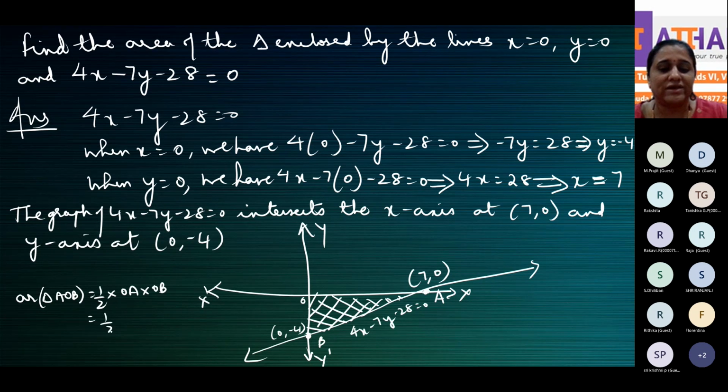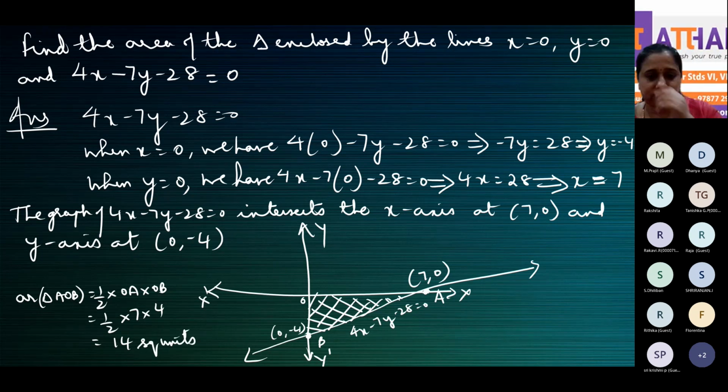So half into base OA is 7 units, height OB is minus 4 or simply 4 units. So cancel, you get 14 centimeters square. If it's a centimeter graph, no? Otherwise, you can write 14 square units.